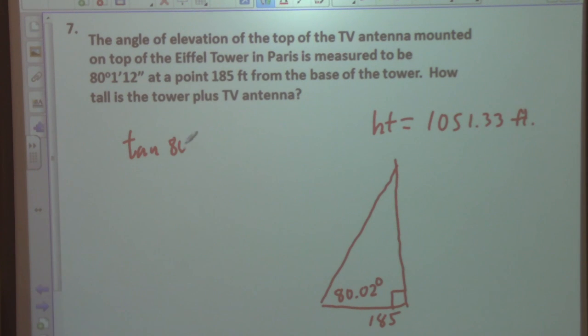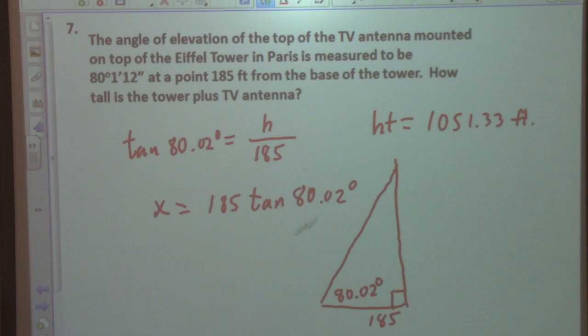And then the 185 tangent 80.02 degrees equals x. And x equals 1,151.33. So, if this is the road, you're gonna drive along that, and then you plug that in and you got this.